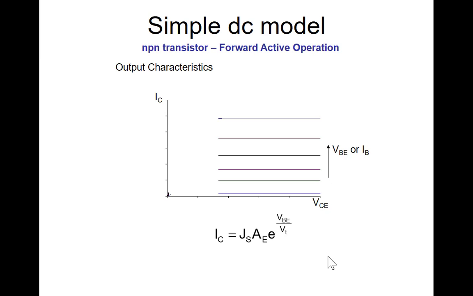Since the collector current is proportional to the base current, they would be uniformly spaced. So this might be for base current of 10 microamps, 20 microamps, 30, 40, 50, 60 microamps. The current would go up almost linearly with those increments if we have these for different values of base current.